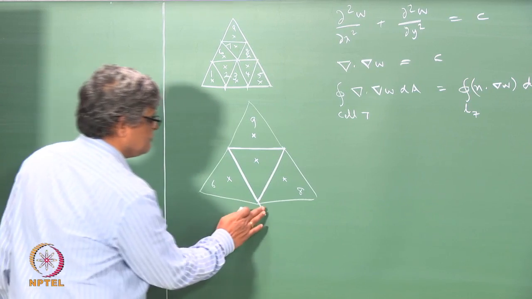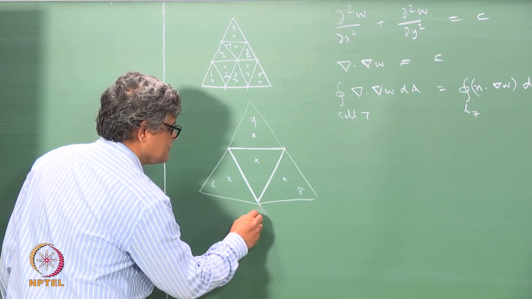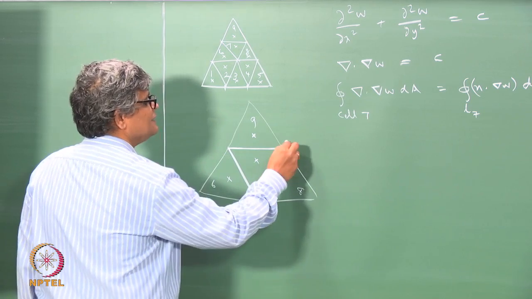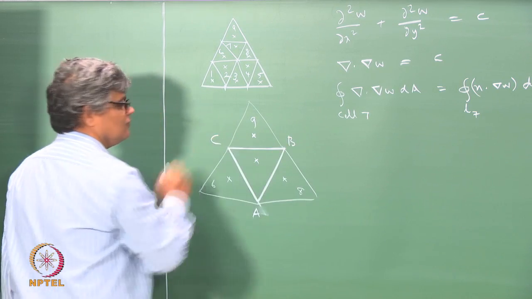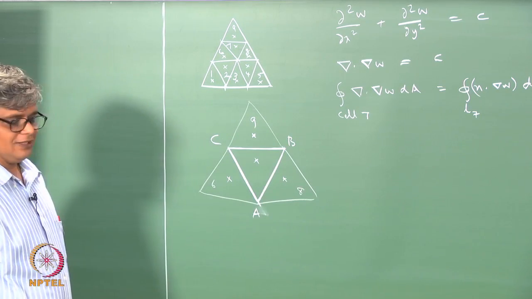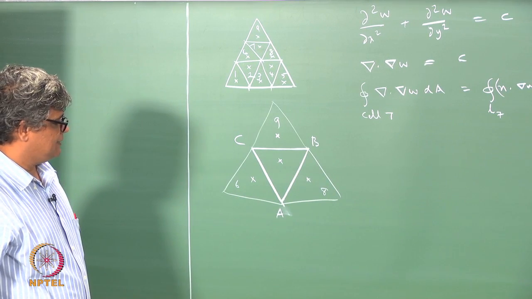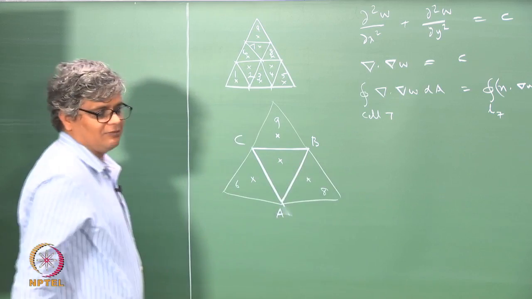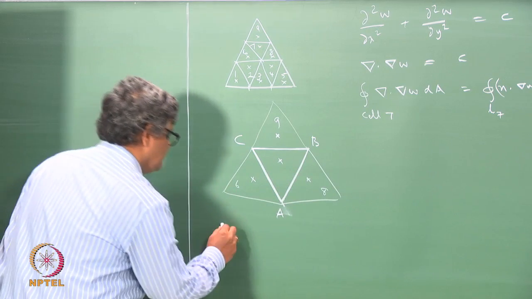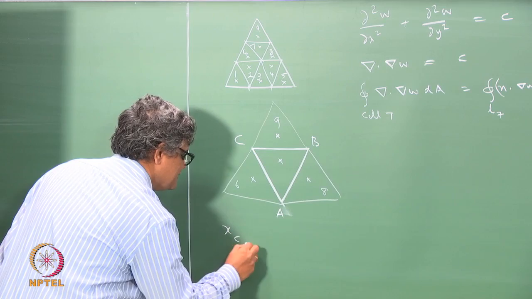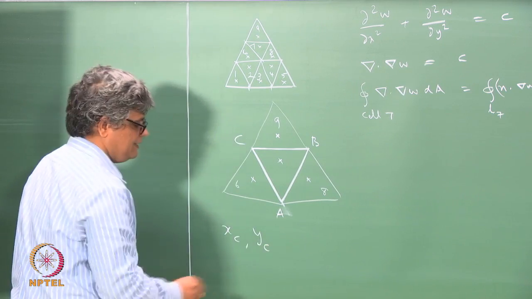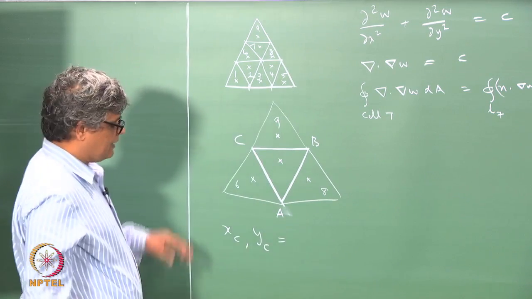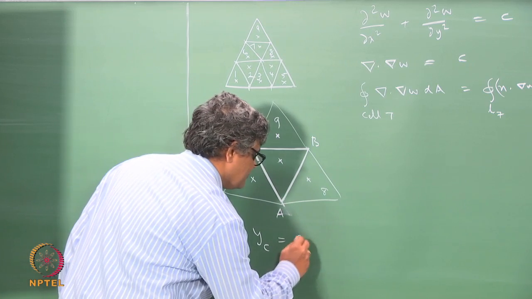Let us also put some names for the vertices so that it's easy for us to follow, and we have these A, B, C here. These centroids can be determined. We denote by XC and YC the X and Y coordinates of the centroid.